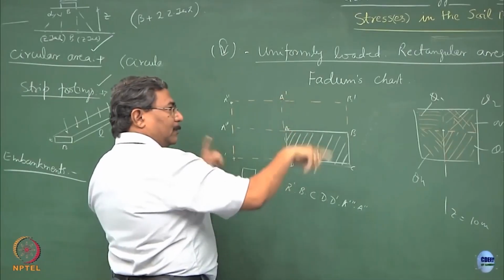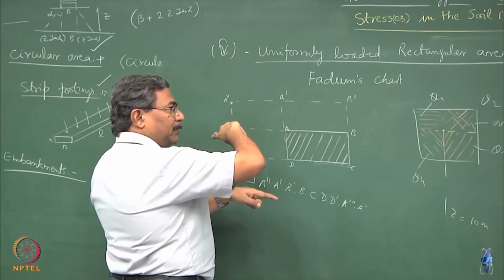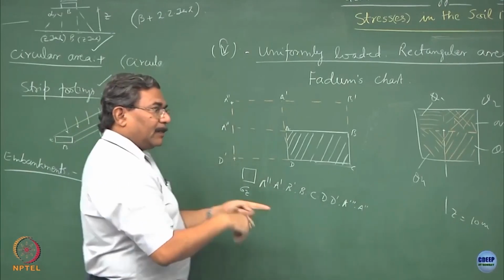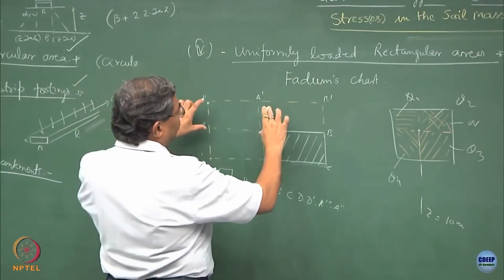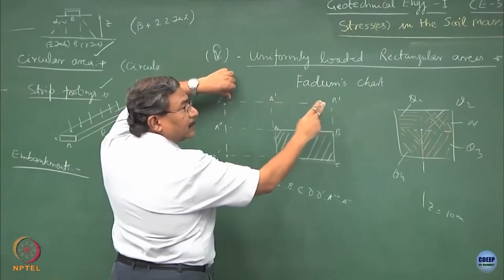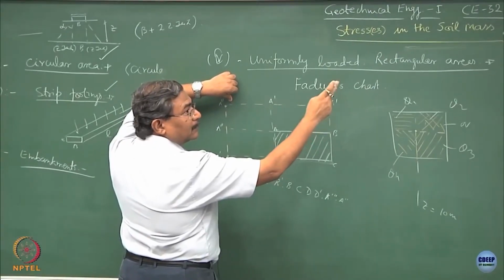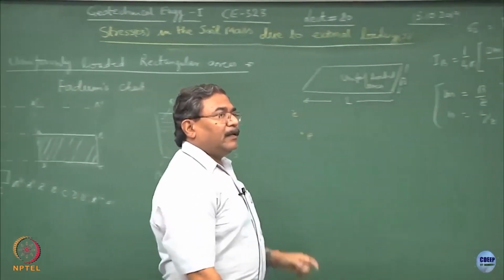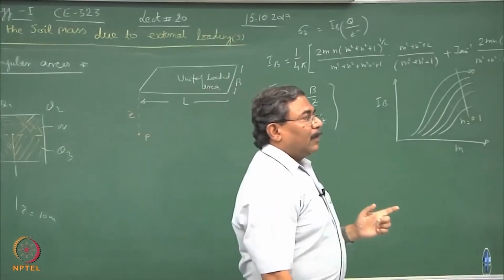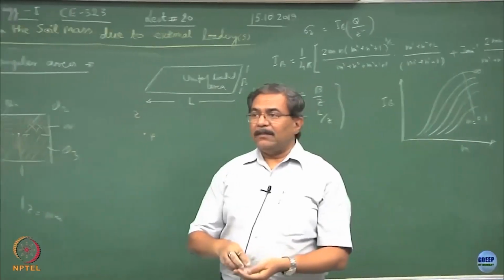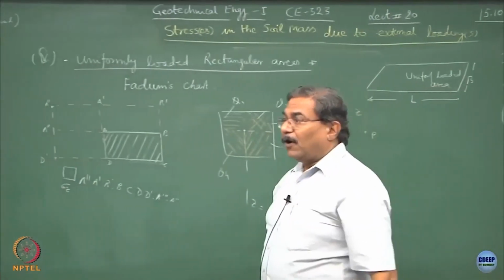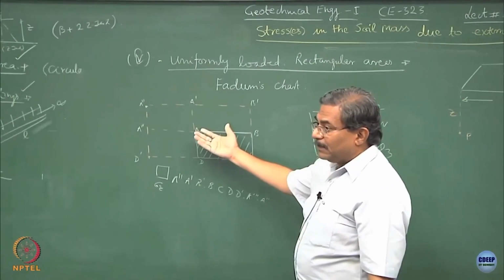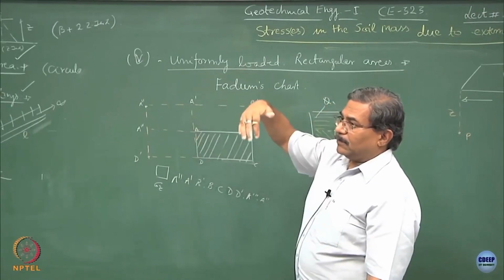Now, how would you use the superimposition principle? You will have to subtract the effect of stress coming from the extended portions, that is it. So, the method of superimposition can be done in 2 ways. Either you club the stresses and sum them up, or you can use subtraction also.